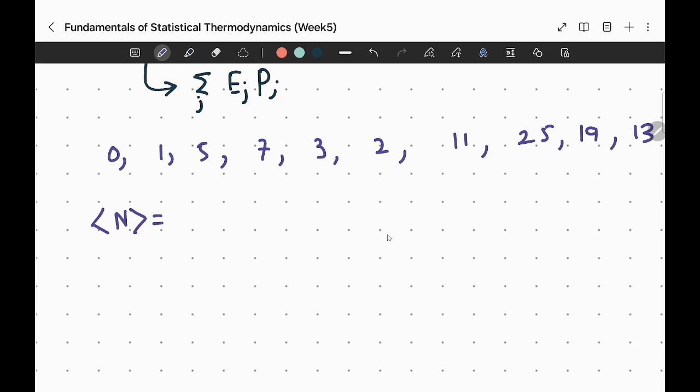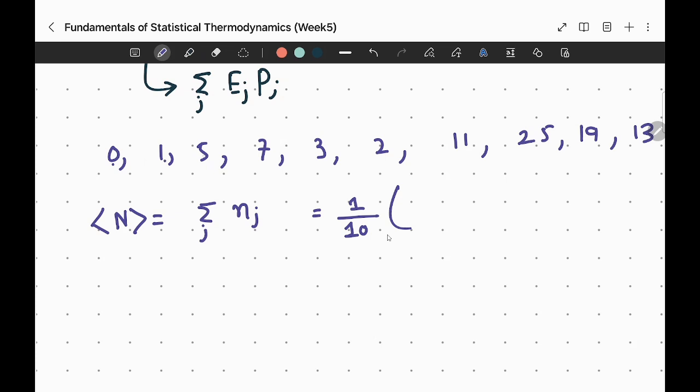Essentially you are doing nj pj, correct? Here for all cases, this pj is 1 by 10, so you can add all the nj's and multiply by 1 by 10.